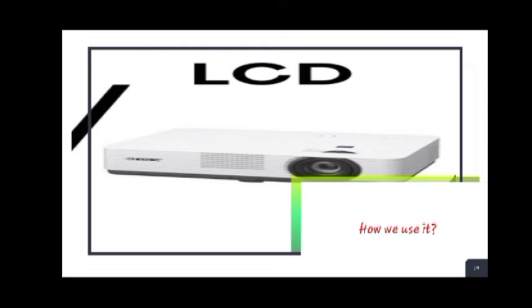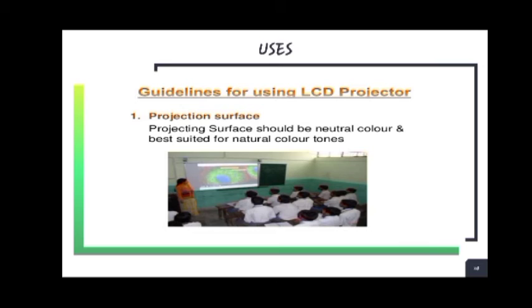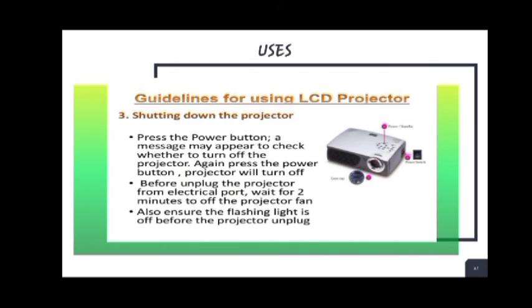How to use it. Guidelines for using an LCD projector. Projection surface: the projection surface should be a neutral color, best suited for natural color tones. Shutting down the projector: press the power button.